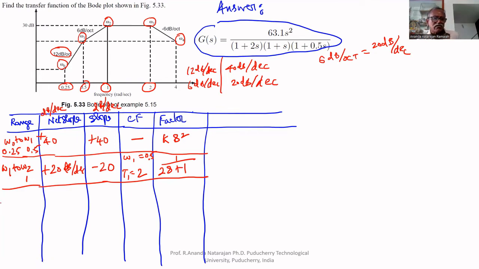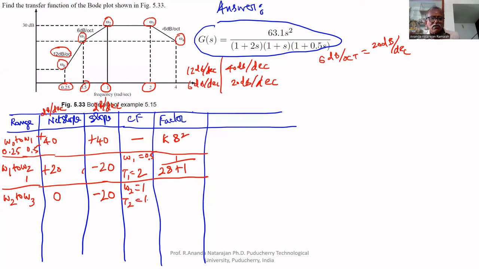So next one is from omega 2 to omega 3. The net slope becomes 0. Already it is plus 20, and it becomes 0, which means the contribution is minus 20. Therefore, the corner frequency is omega 2, which is given in the diagram as 1.